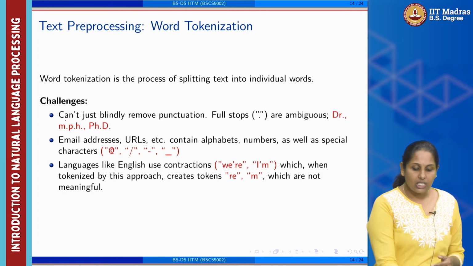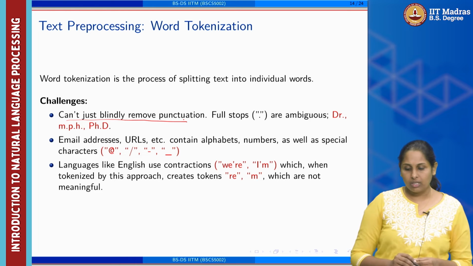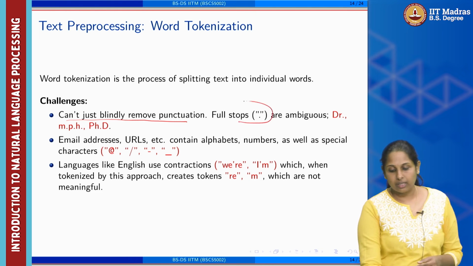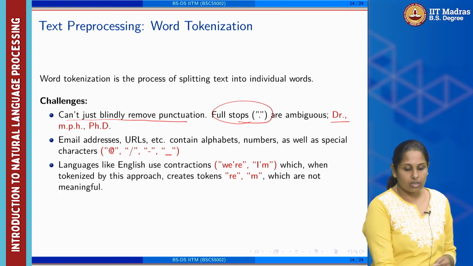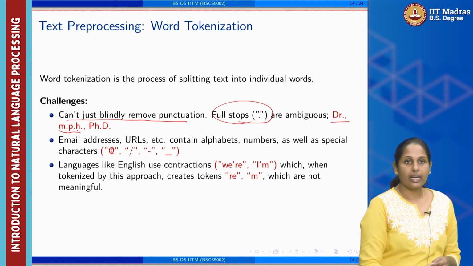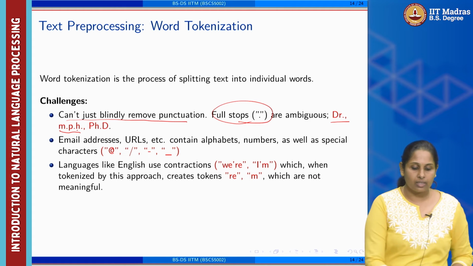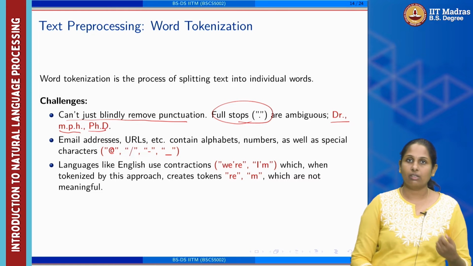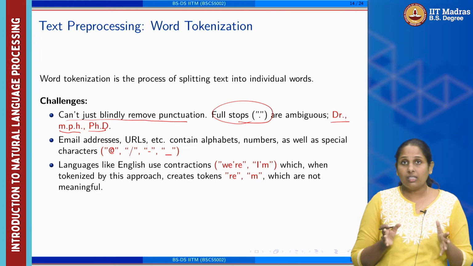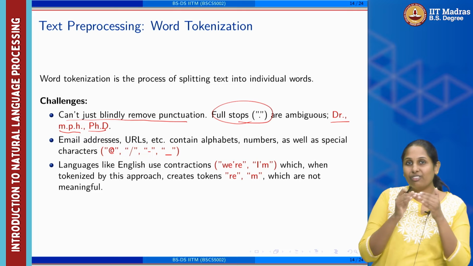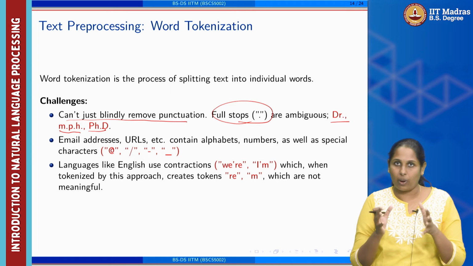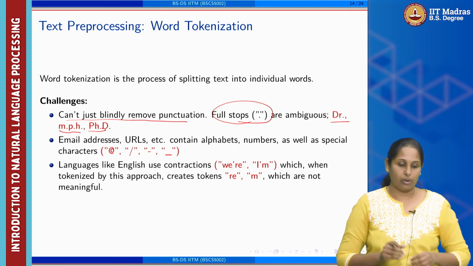We can't just blindly remove punctuation, because periods, that is full stops, are ambiguous. Dr., M.P.H. for Master of Public Health, or Ph.D. for doctor of philosophy, all of this should not be split into different words, because they are part of one word boundary.